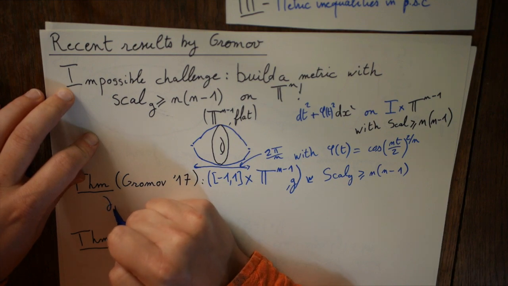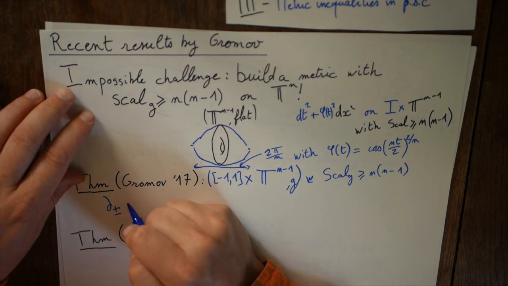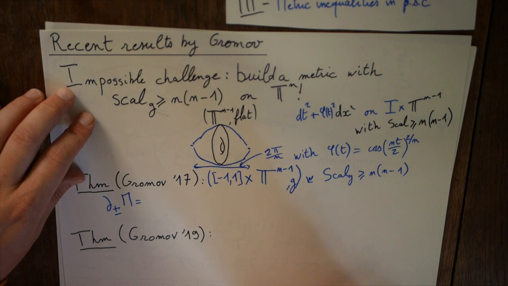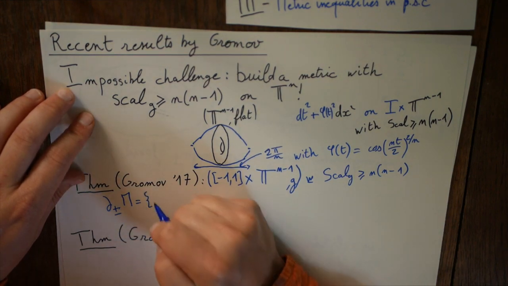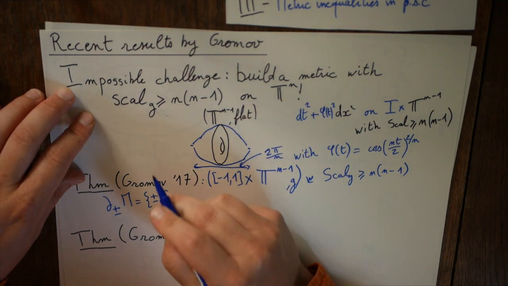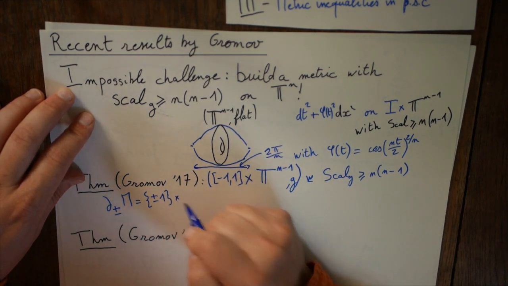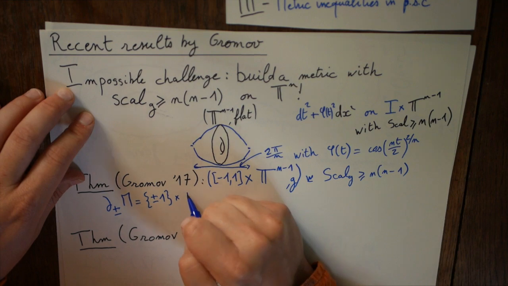And set partial minus M to be minus 1 times T^(n-1).